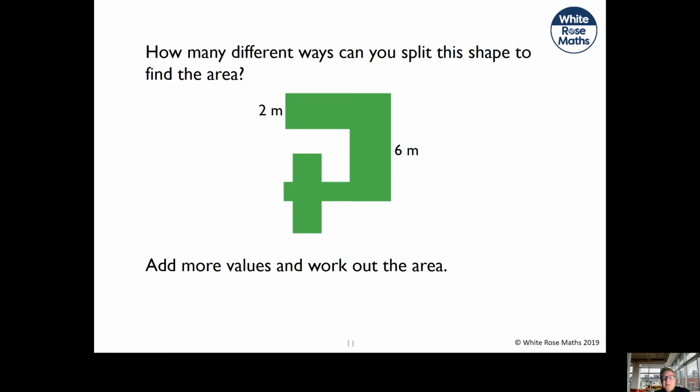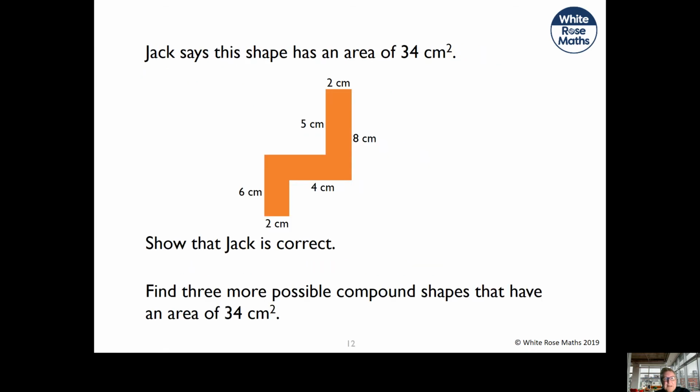So how many different ways can you split this shape to find the area? In this one, Jack says the shape has an area of 34 centimeters squared. Show that he's correct. You can either work it out mathematically or practically. So practically would be laying it or drawing it onto squared paper.